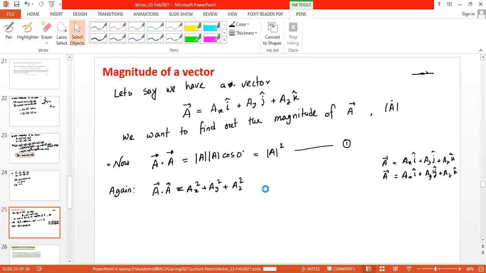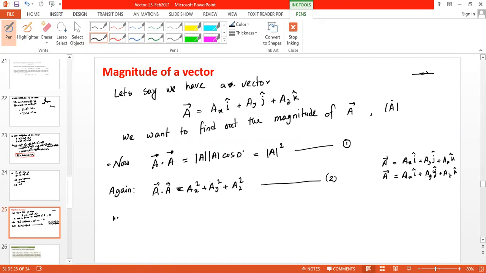Yes, sir. Okay. So now see here, in both cases, the left-hand side is the same for equation 1 and 2. So we can say that the right-hand sides are also equal.